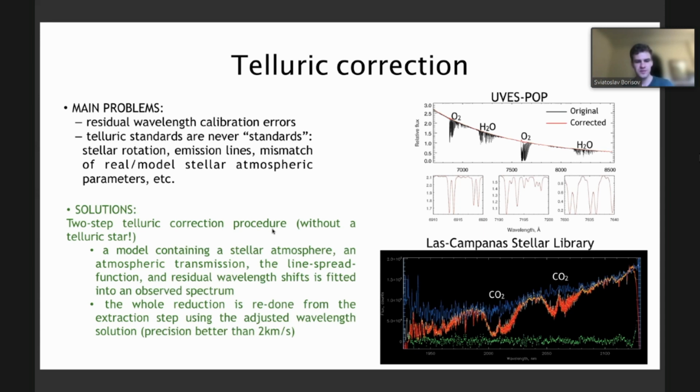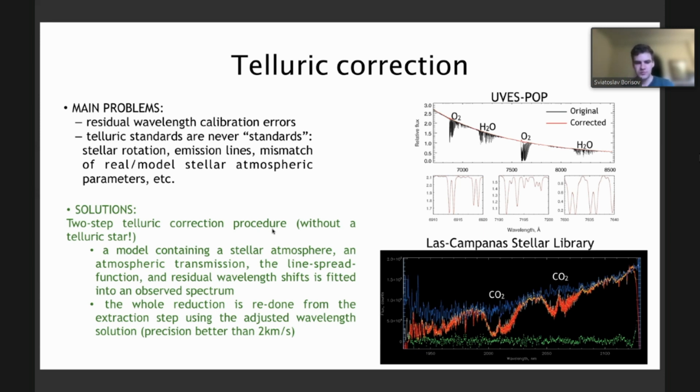That is why we developed another method to perform this telluric correction without even using a telluric star. We use a model which consists of a synthetic spectrum multiplied by atmospheric transmission and convolved with the line spread function.